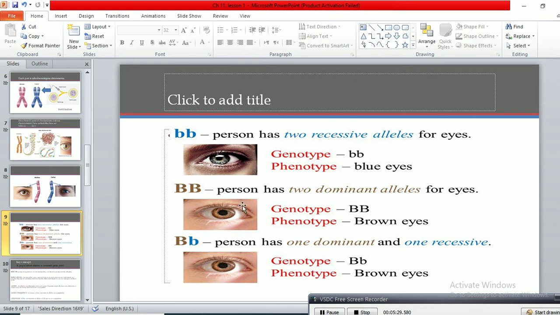Capital B, small b, here it will be brown. Capital B is dominant, brown. Small b is recessive, blue. So if the dominant, capital allele exists in any case, it has to express itself. The only way for the blue eye to be expressed is if both of them are recessive, both lowercase or small letters.